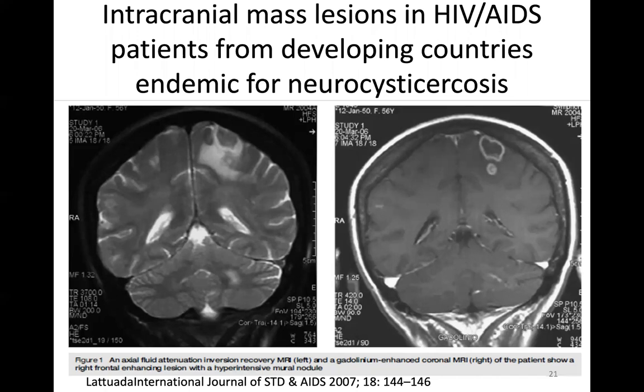Remember we said with toxo you can also have multiple lesions. Yes. And even with neurocysticercosis, you can still get multiple lesions. Imaging becomes difficult if you're not given enough clinical picture where you can correlate the two.